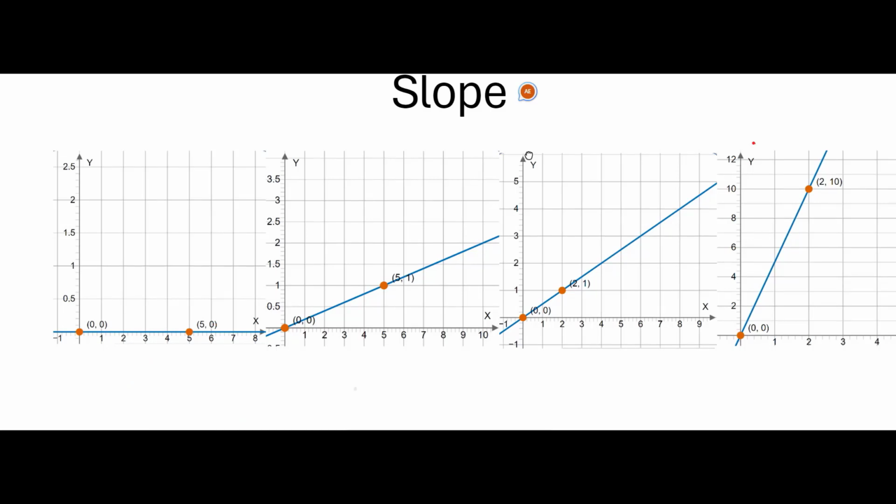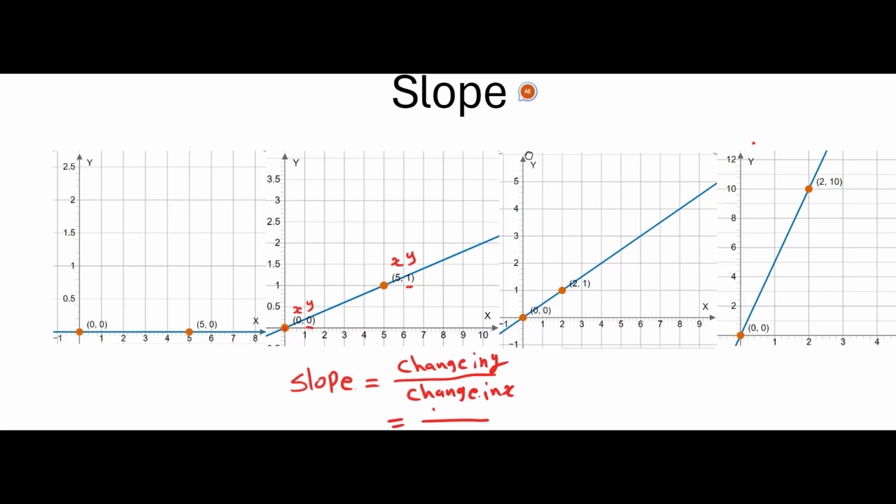Okay, let's calculate for this. Here x is 0 and y is 0. Here x is 5 and y is 1. Slope here will be what? Change in y over change in x equals, okay, change in y here is what? y minus y.